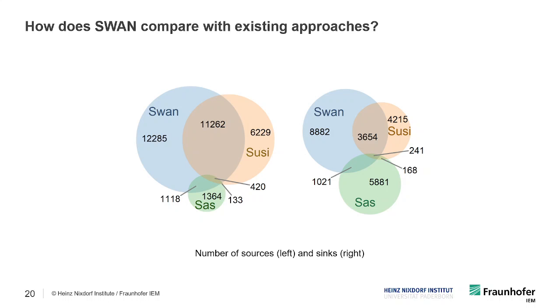As you see, SWAN has the highest number of methods, and SAS, the extension of SUSI named after the authors, has the smallest number of methods classified. So it's mostly strict here, and it is interesting to see that all these machine learning approaches have very small intersections.